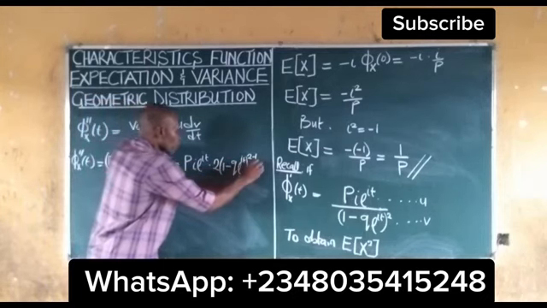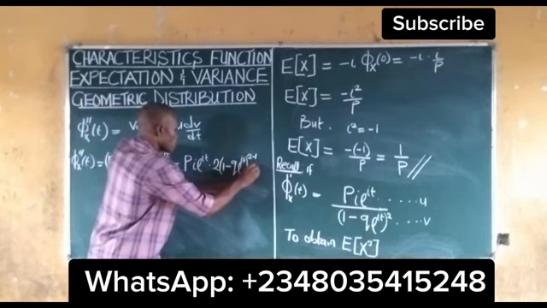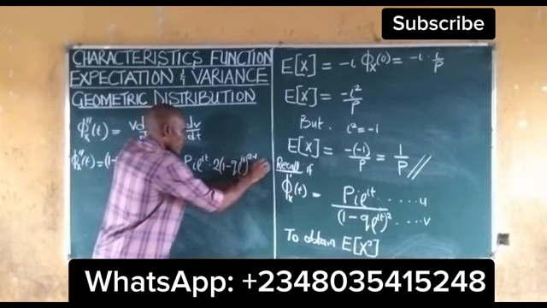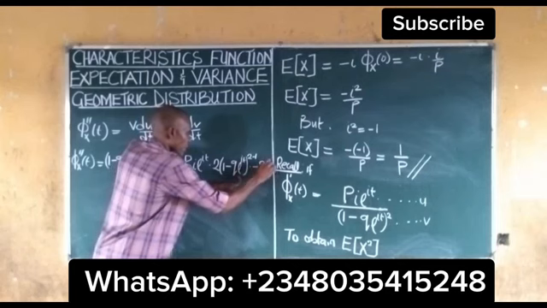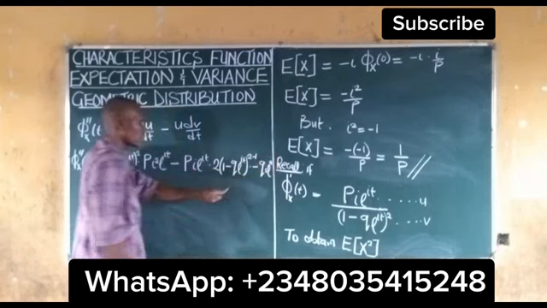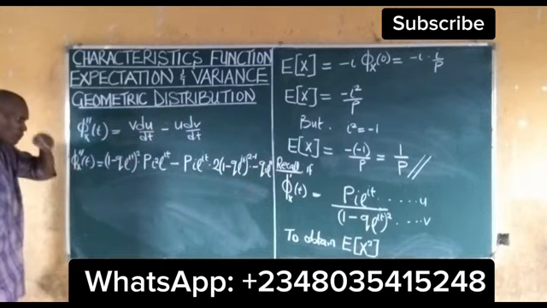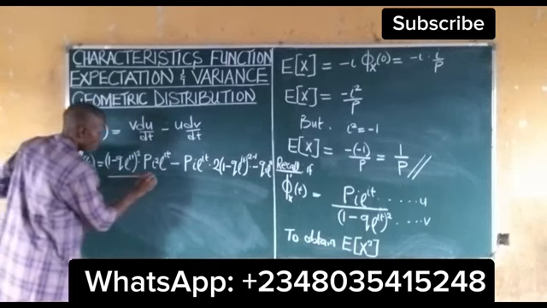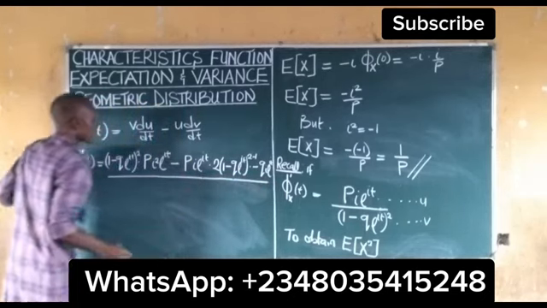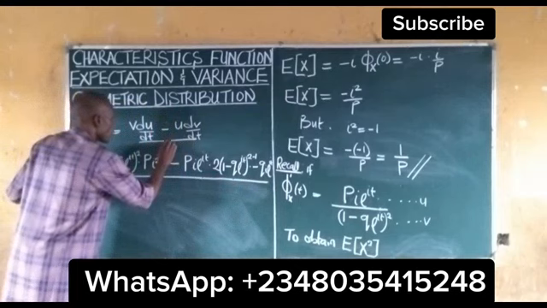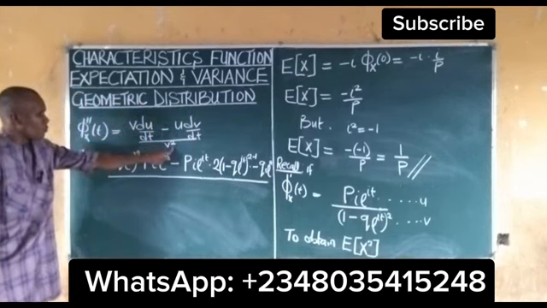So if we differentiate this function we have inside, we get negative q i exponential i t. So the characteristic function will come down again, all over v squared.